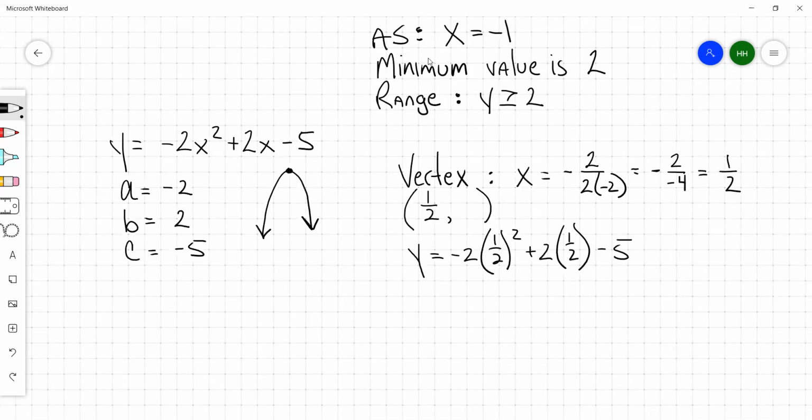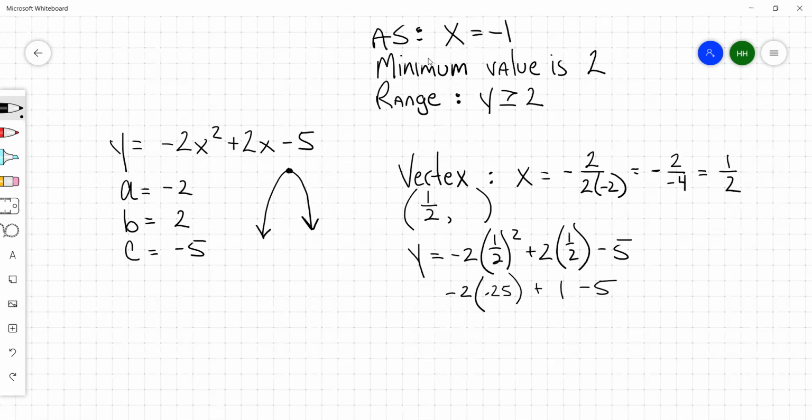That's 1/2 times 1/2 is 1/4 times 2, which is 0.25 with the negative. Plus 2 times 1/2 equals 1, minus 5.